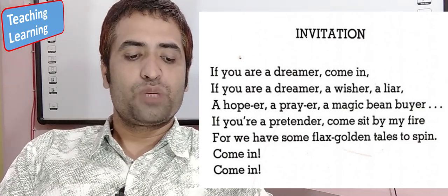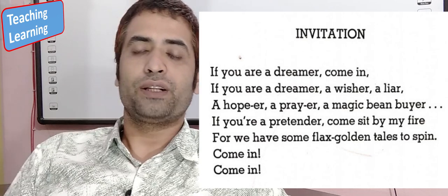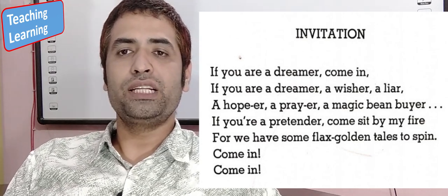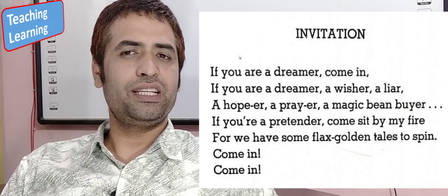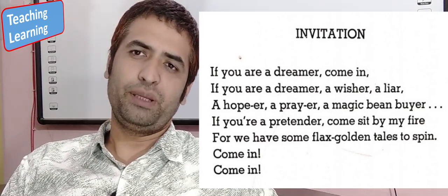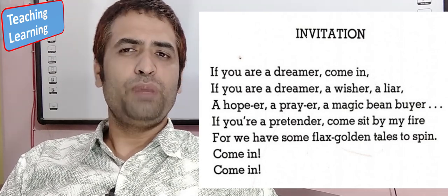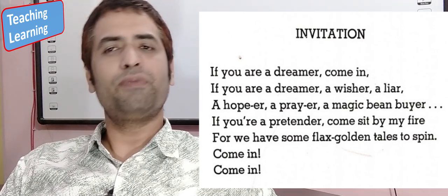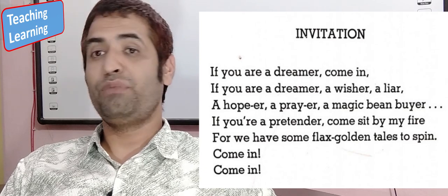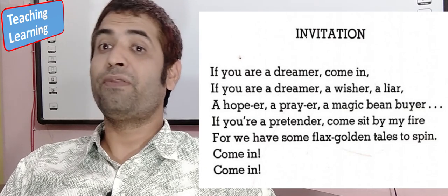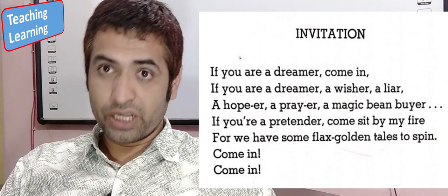Here in this poem, the poet mainly tries to invite all types of readers, because in society there are good people, bad people, genuine people, fake people. Some of them are pretenders, some of them are liars, some of them play music, some of them pray for others, well-wishers.